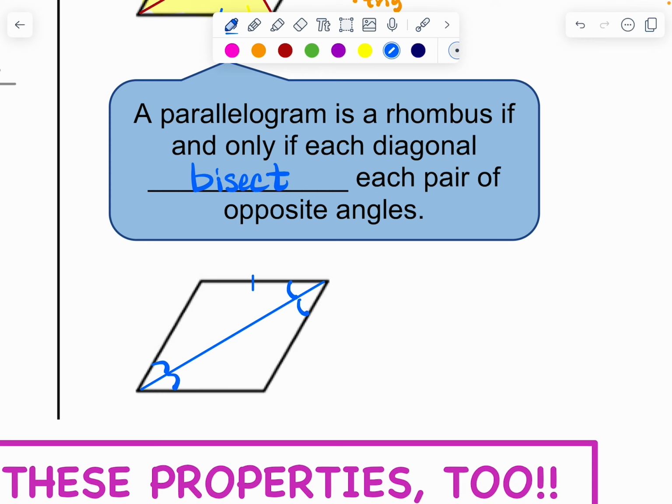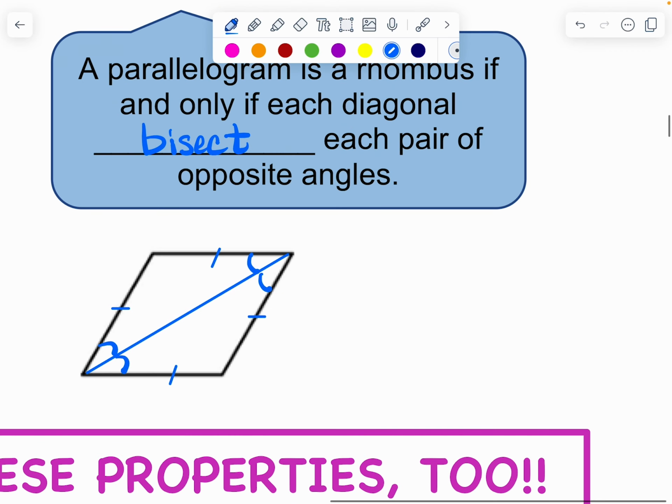And that should make sense because all the sides are congruent, which means this is a line of symmetry. This is going to happen on any figure that has 4 congruent sides. Anything that has 4 congruent sides is going to be symmetric, and so that line of symmetry is telling me that the angles are being cut in half.